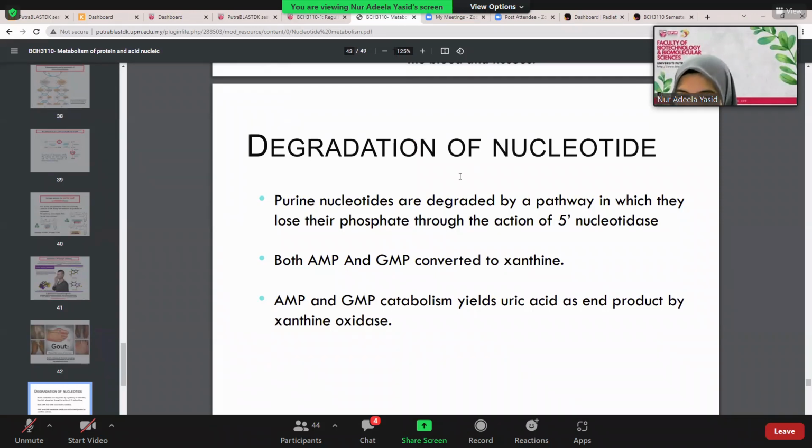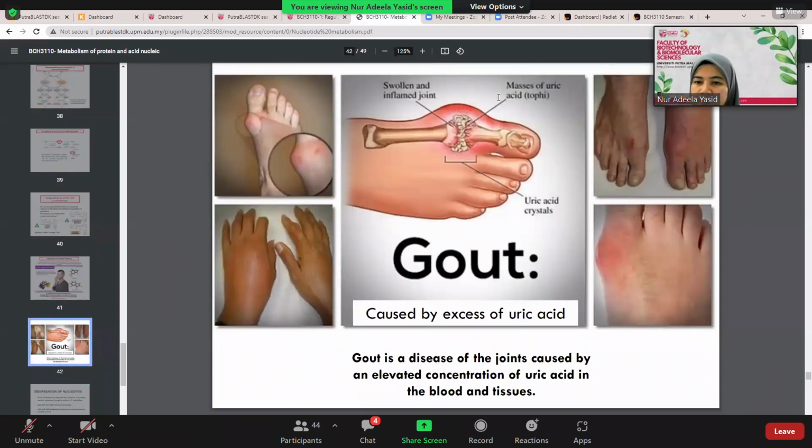Both AMP and GMP are converted to xanthine, and AMP and GMP catabolism yields uric acid as end product by xanthine oxidase. So basically we remove our nucleotide as uric acid, but all this pathway needs to be regulated, otherwise we will have a very excessive production of uric acid, so kita akan dapat ni this kind gout lah.